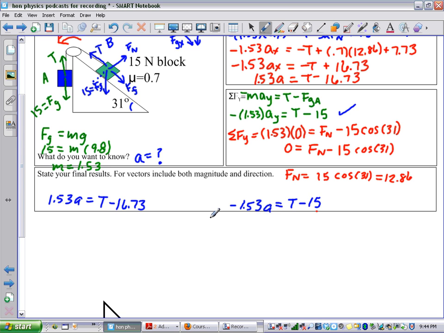Since I would like to know the acceleration, and I don't really care about tension, I'm going to eliminate the tension by moving 15 over to this side, and then taking this expression and plugging it in for T right here.